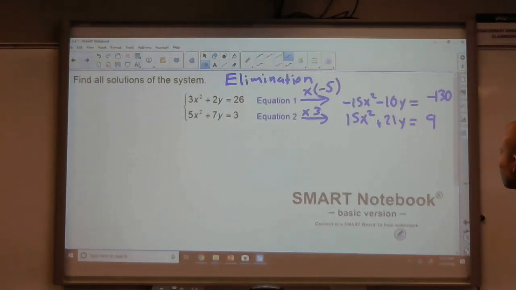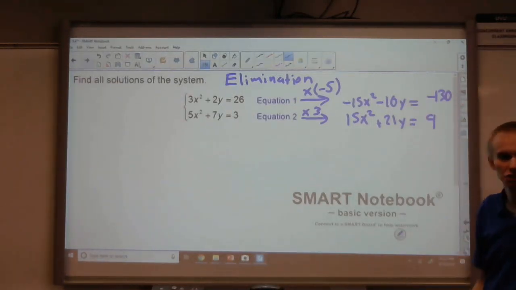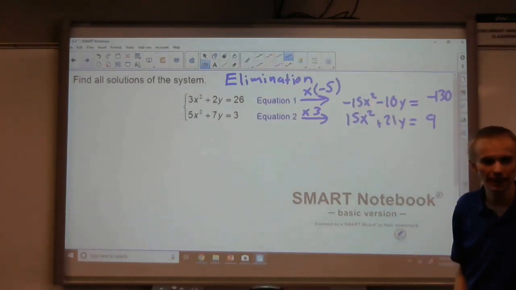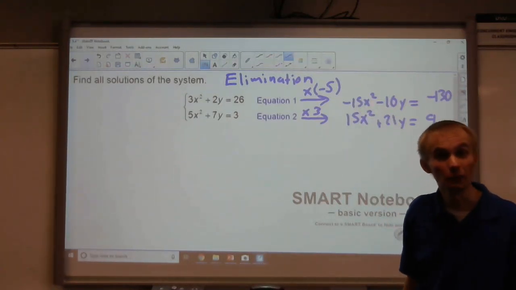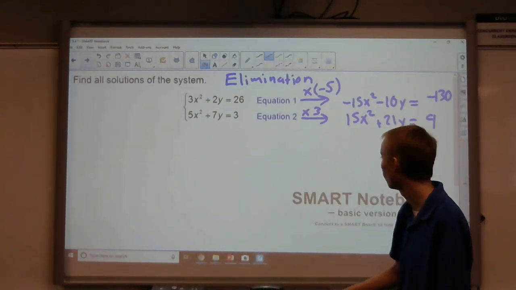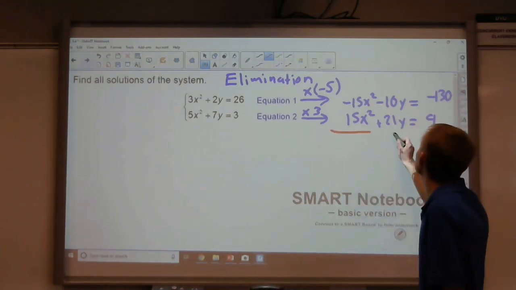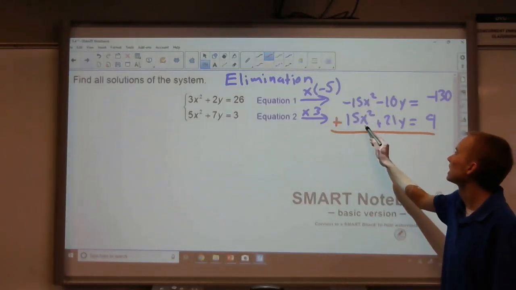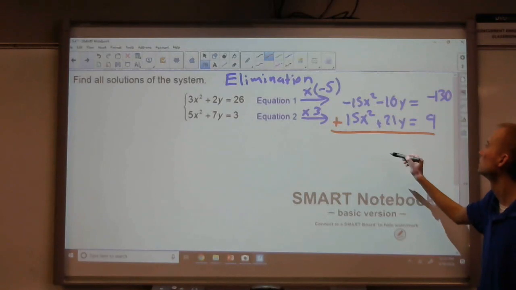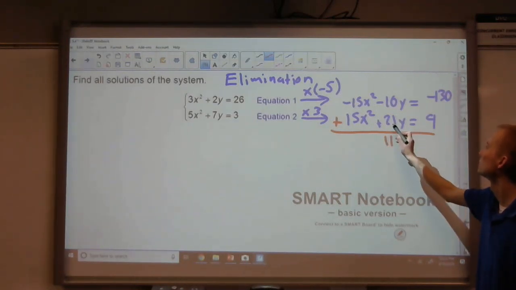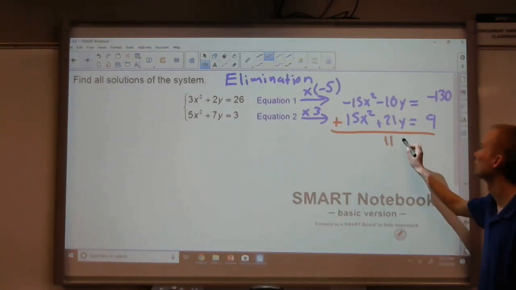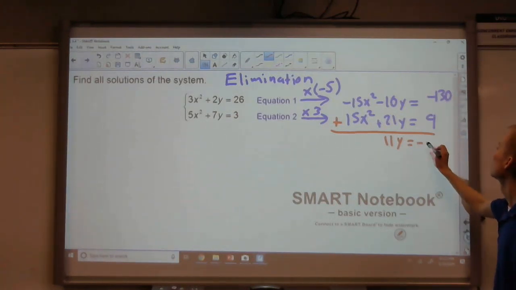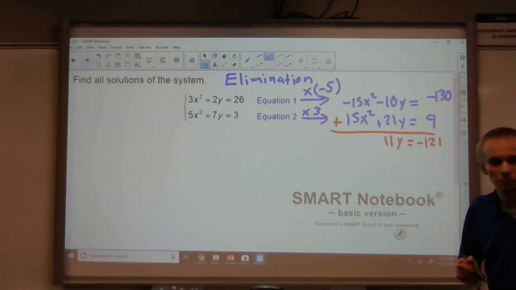So we've got two equations that we've manipulated so that when I add these two together, the x squareds go away, right? And that's the whole point that we were going for here. So let's go ahead and add these together. Those cancel out, and I get 11, 21 minus 10 is 11, y is equal to -121, I believe, right?